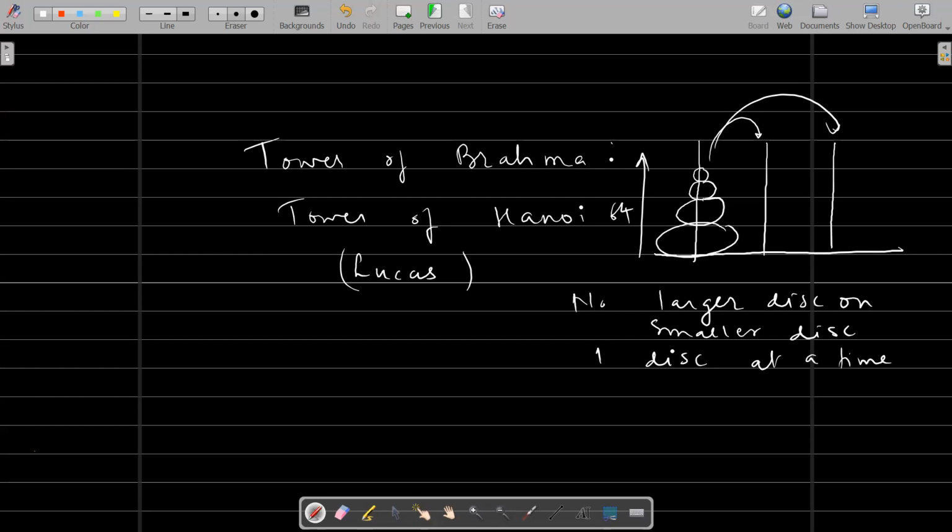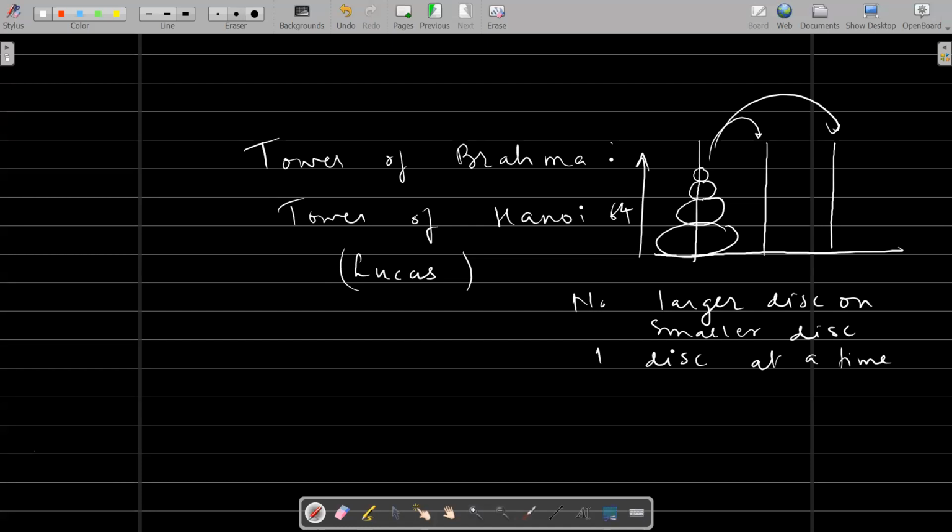So in how many steps can you convert this whole structure of 64 discs from one pole into one of the other poles? The story is, once they finish shifting from one pole to the second or third pole, that will be the end of the world. That's the story.